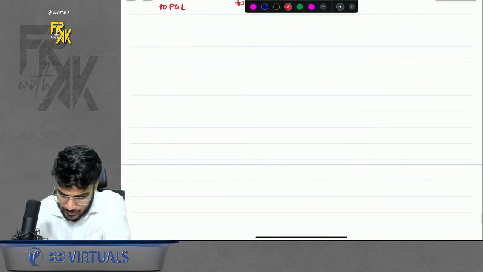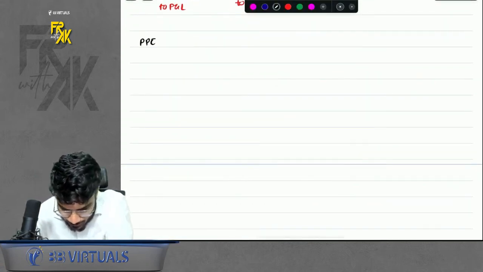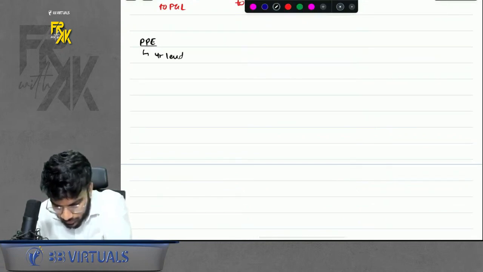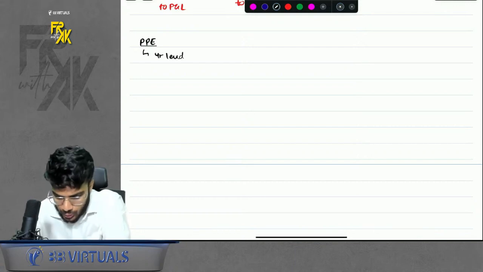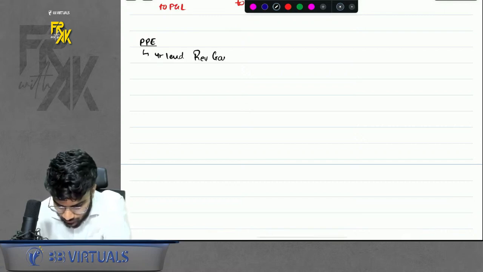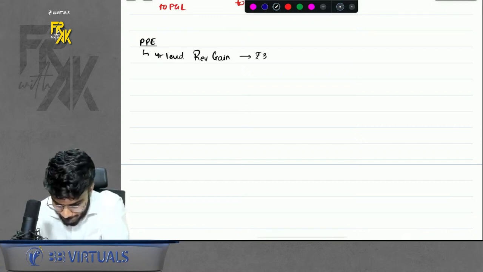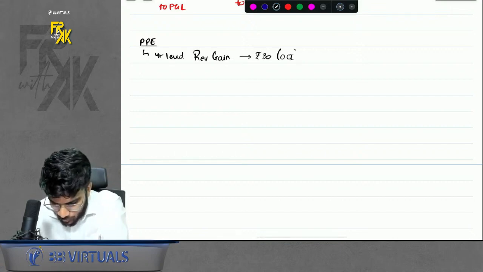Now let's take one example. Let's suppose you had a PPE. At year 1 end, you performed a revaluation and got a revaluation gain of, let's say, rupees 30. Such gain will be transferred to OCI.